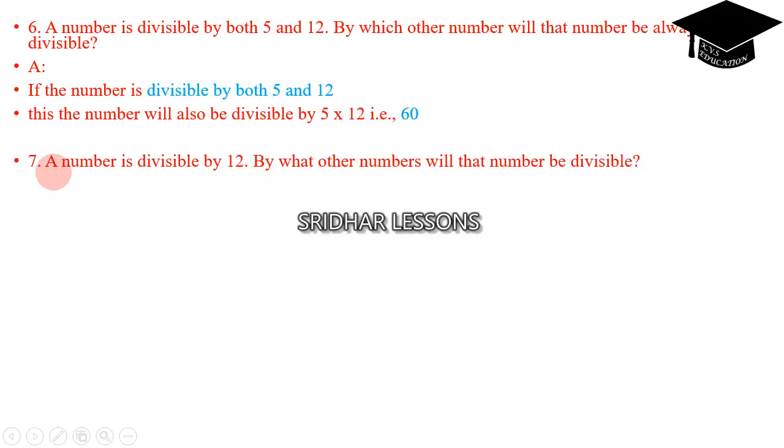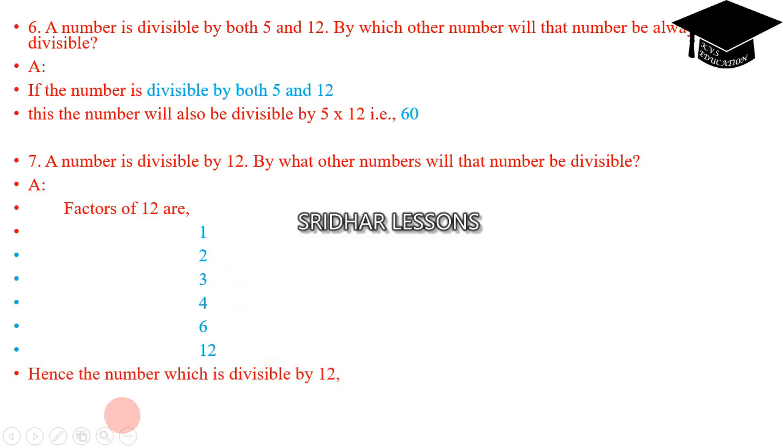Problem number 7. A number is divisible by 12. By what other numbers will that number be divisible? See, now we have to write the factors of 12: 1, 2, 3, 4, 6 and 12.